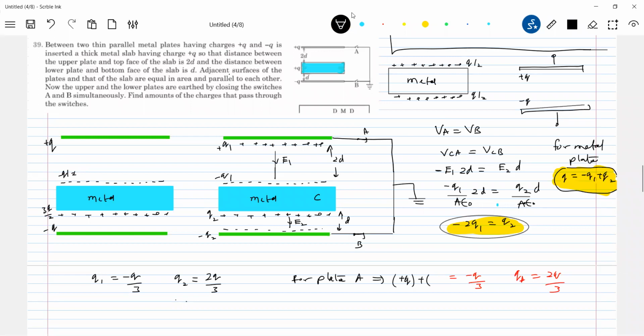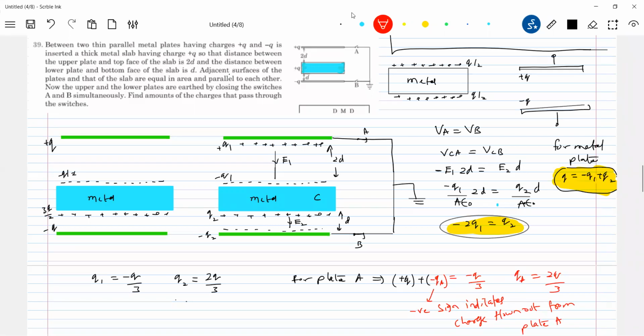Plus Q plus, this you write it minus QA. What do you mean by negative sign here? Charge left here. So negative sign indicates charge flown out from plate A.